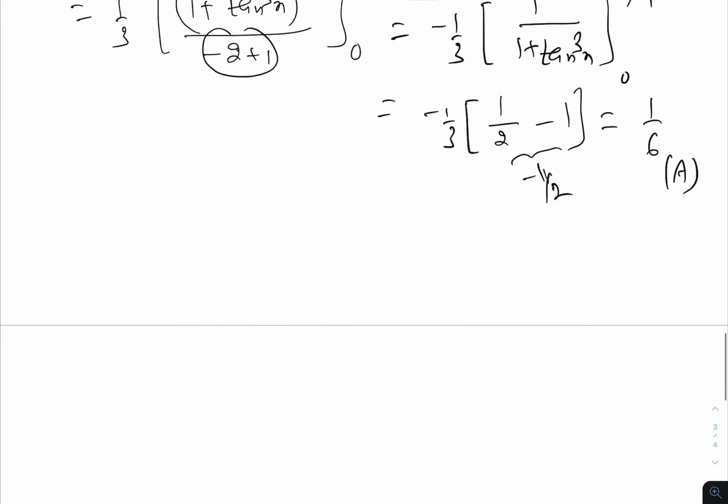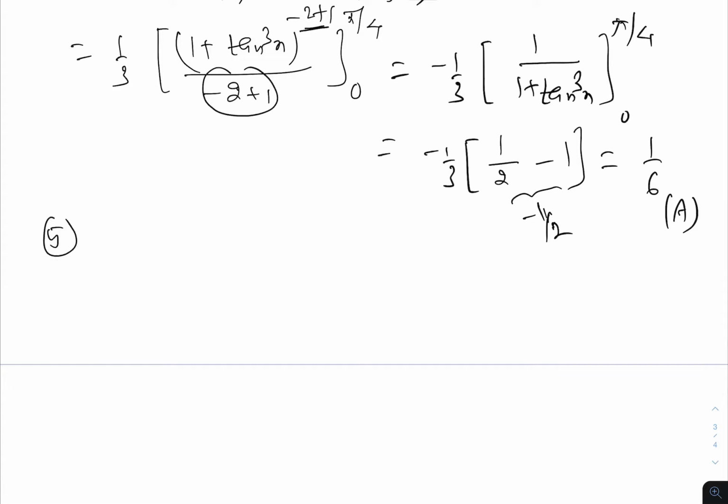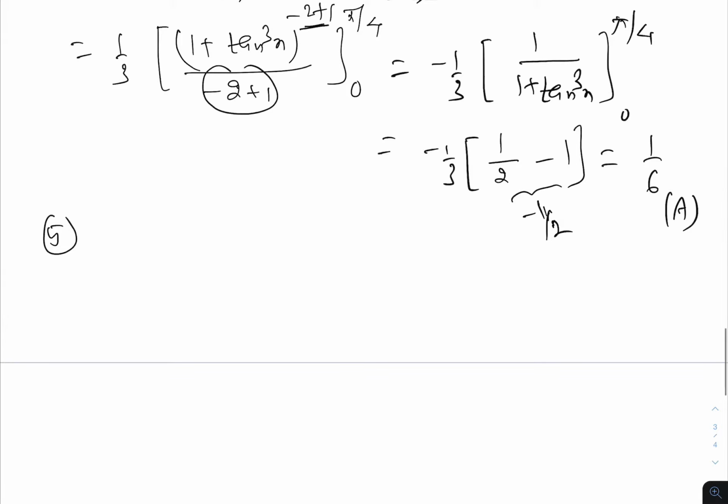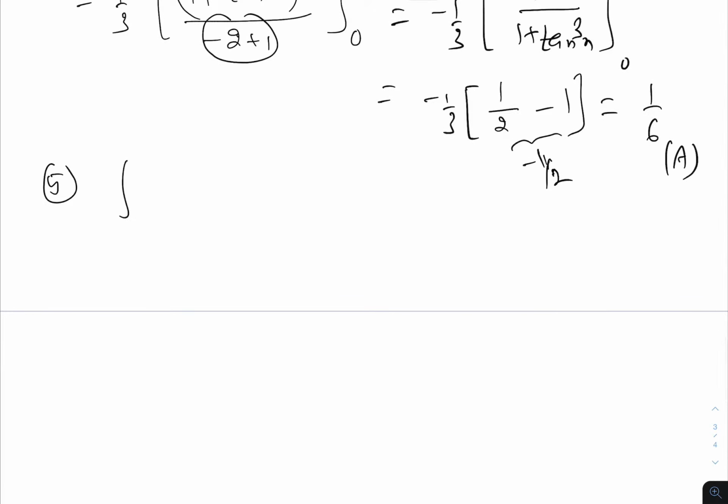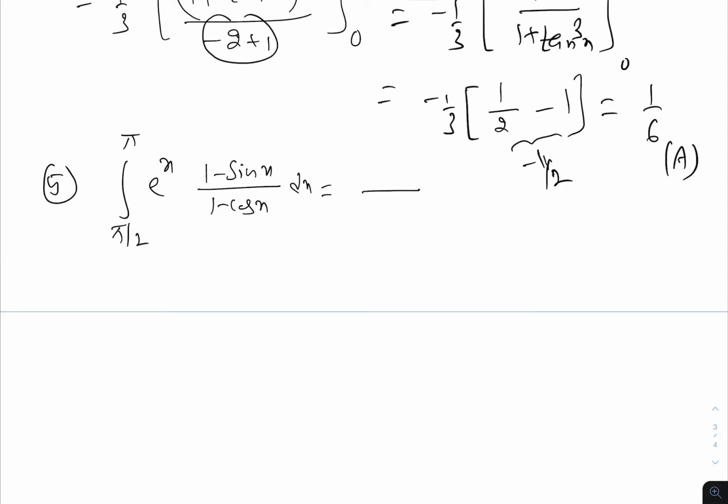Let us take one more example. Integration pi by 2 to pi, e to the power x times (1 minus sin x over 1 minus cosine x) dx is equal to blank.